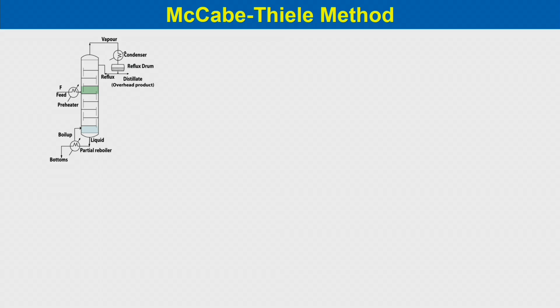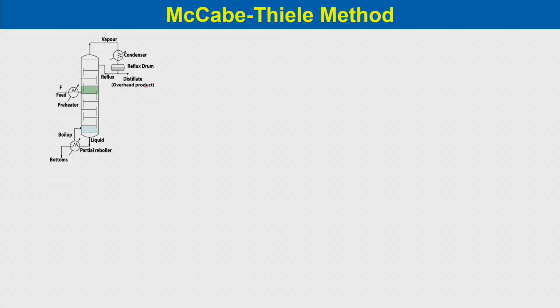So, this is a typical fractionator or distillation column where feed is entered at a certain location or certain tray, and then the vapor goes off and it condenses, and then it is taken to the reflux drum.